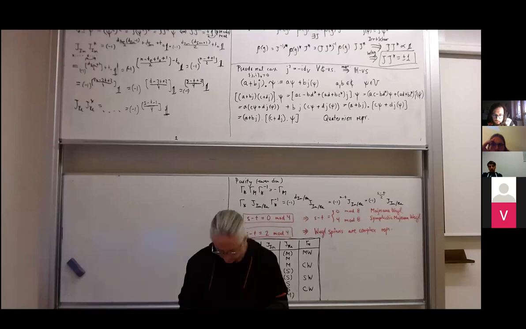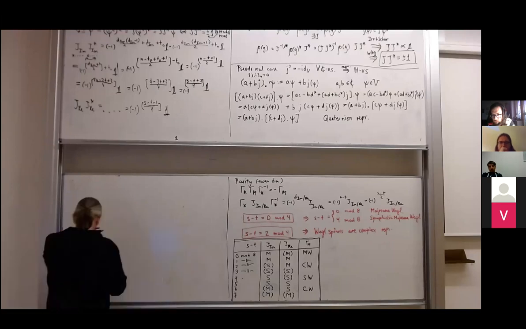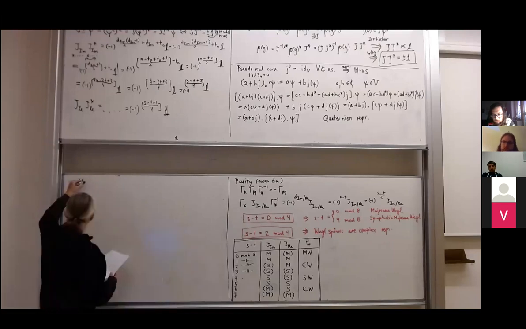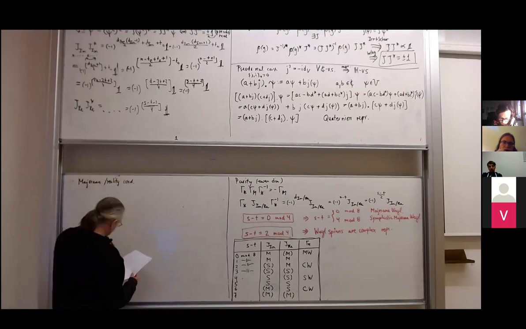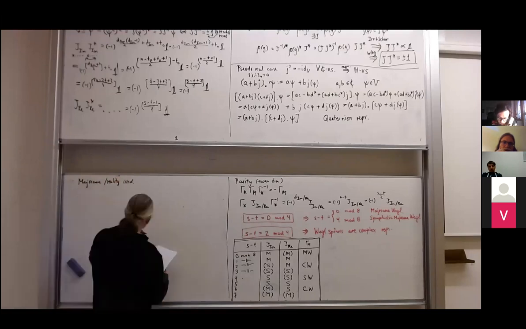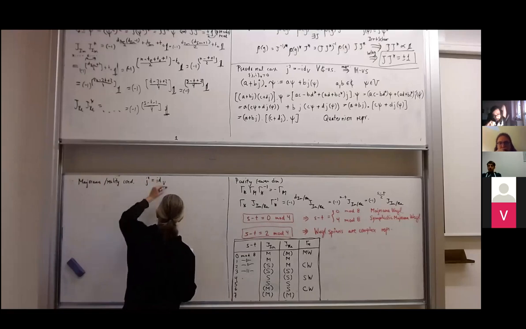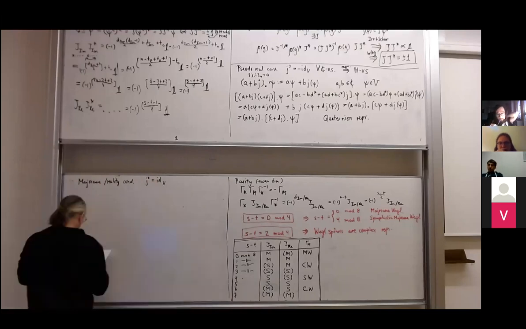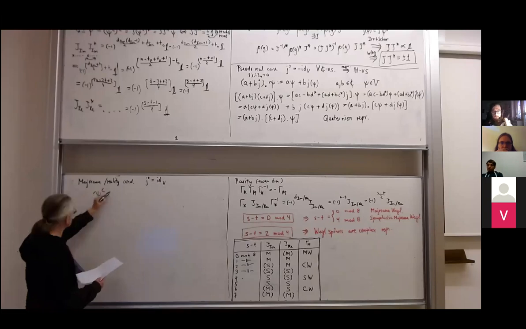Okay, so now we can finally also talk about the Majorana reality condition, and that is, of course, the case where J squared is equal to plus the identity. And the condition is that we would say that J psi should be equal to plus minus psi.